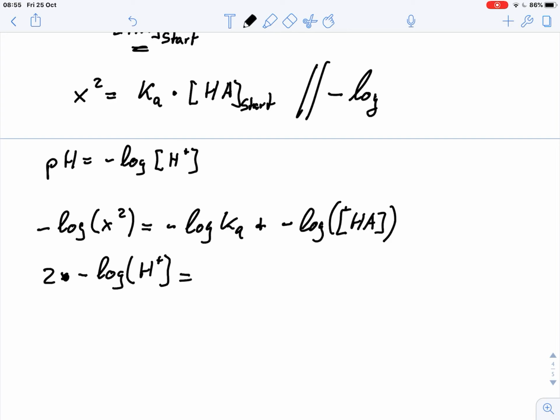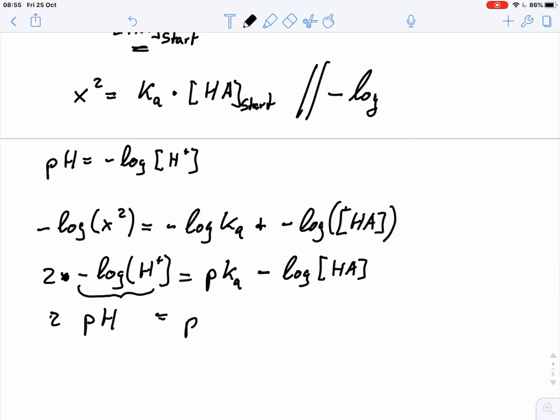We know what this is. This is pKa. Plus minus log, so we can write this as log of the acid concentration, that's the starting concentration. And we can say 2 times, now we know what minus log proton concentration is, that is pH. 2 pH equals pKa minus log of the acid.